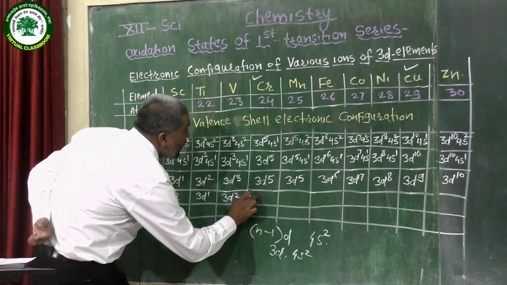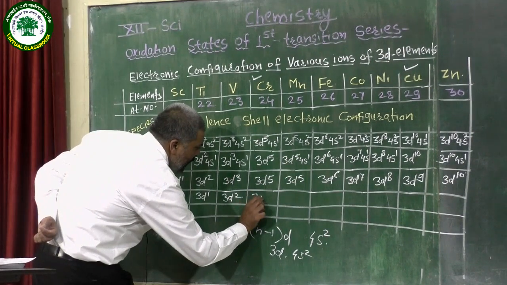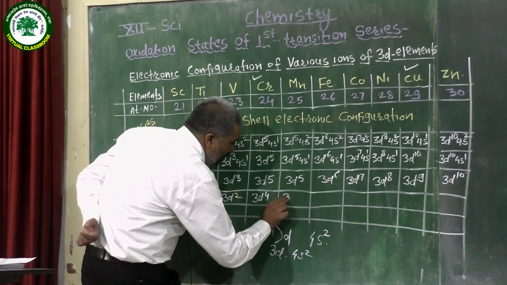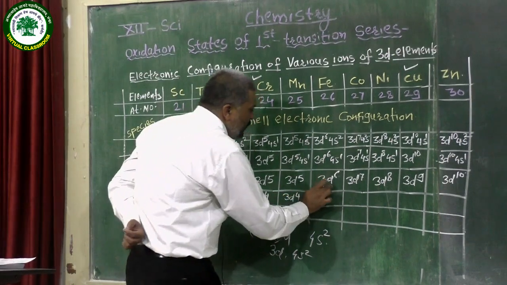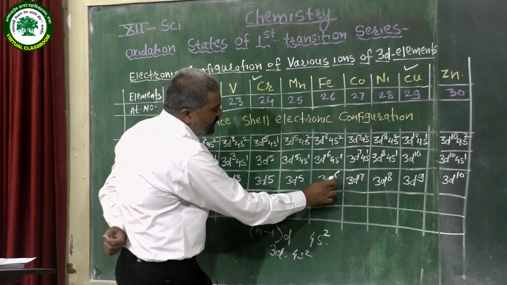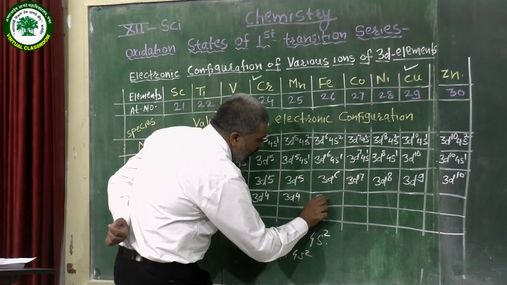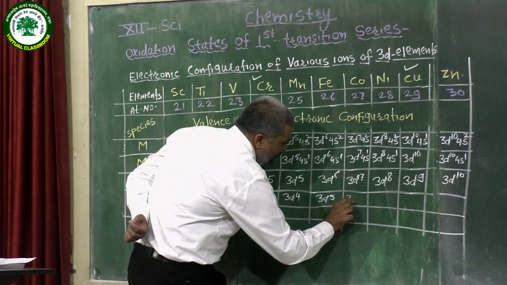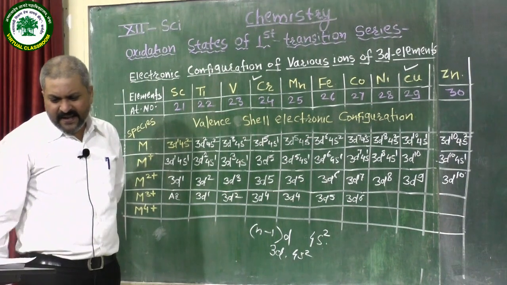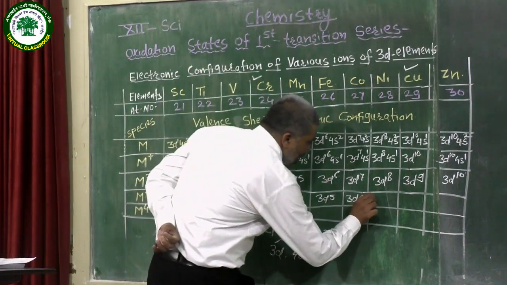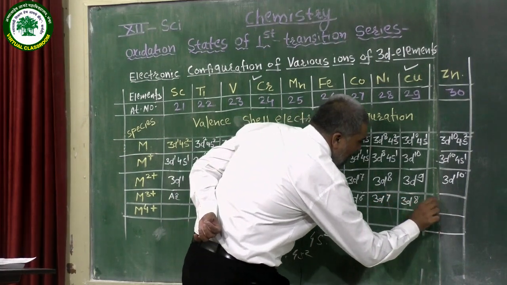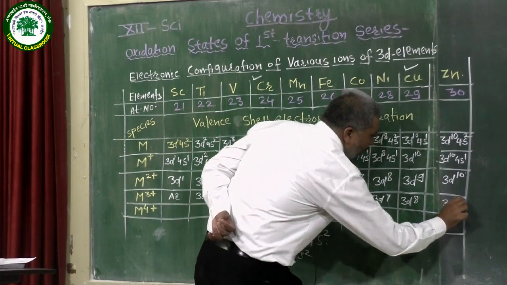3d2. Here in case of chromium it becomes 3d4. In Fe the electronic configuration is 3d6, it becomes 3d5, then 3d6, 3d7, 3d8, and 3d9.